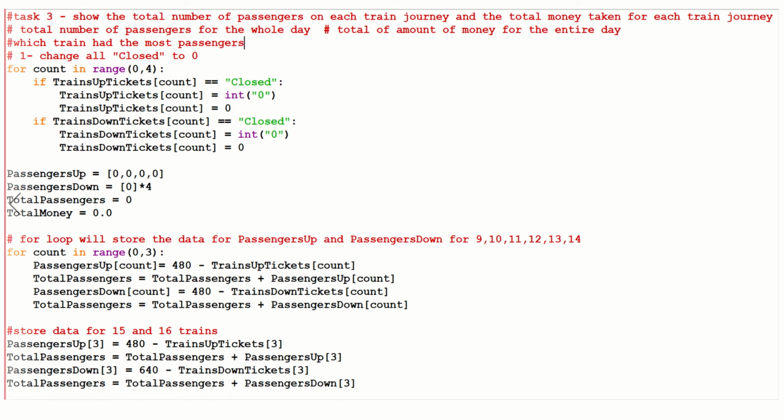and sorry, total passengers would be total passengers again plus passengers down. So this is the passengers down, and this is the total passengers.